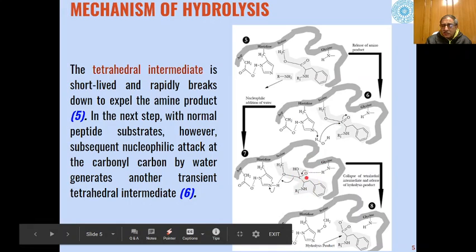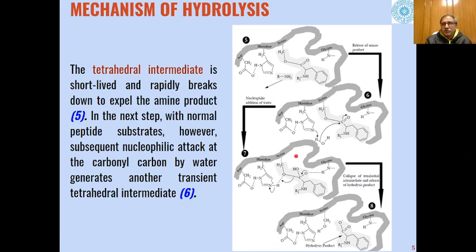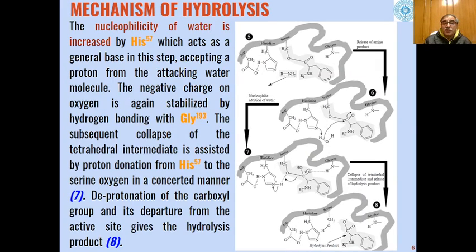With the breaking of the carbon-oxygen bond, the other part of the hydrolysis product is formed and removed as the final step. So this is the mechanism for hydrolysis of polypeptides having an aromatic ring in the amino acid residue.